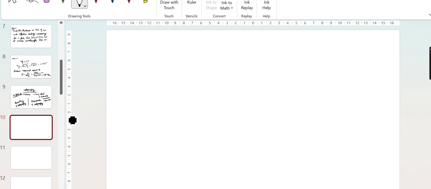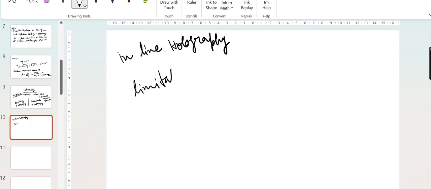For recording, first we see the inline holography, but here there is a problem that the real image and virtual image are aligned, so you cannot distinguish between these two. So there are some limitations. Then we move to a different type of holography, which is off-axis holography.